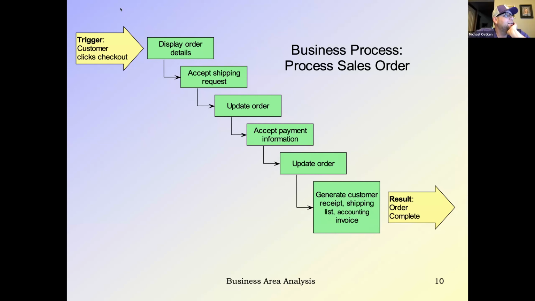They put in their shipping information, which updates the order in the system. Then they accept the payment information, which does another update, and then they submit the order, which generates a receipt, shipping list, and gives them an invoice, and then that order is complete.